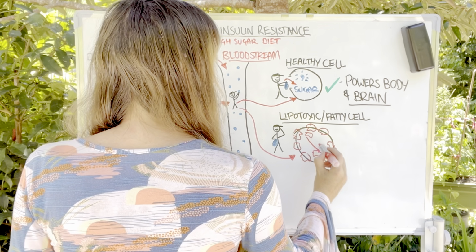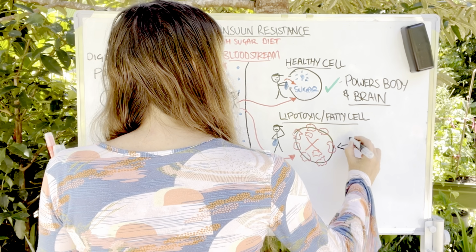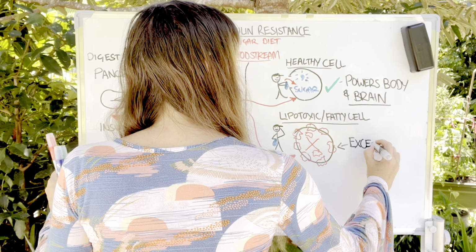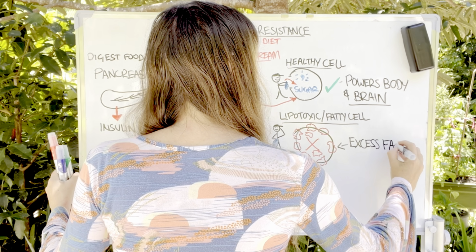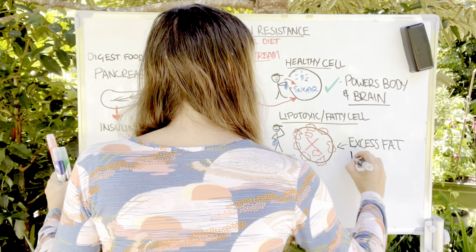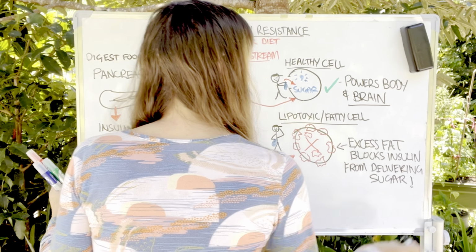It is a fail. And what we're seeing here is the excess fat is blocking the cell, is blocking insulin signaling to the cell. So excess fat blocks insulin from delivering sugar. And that is a problem.